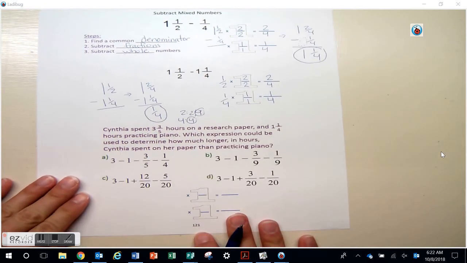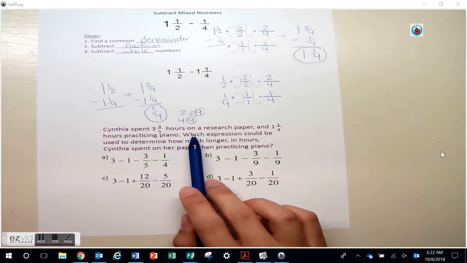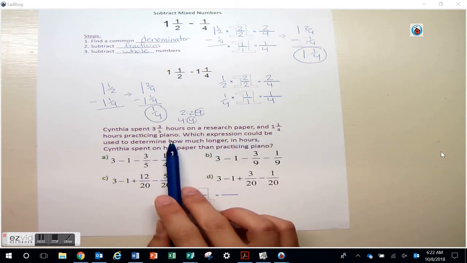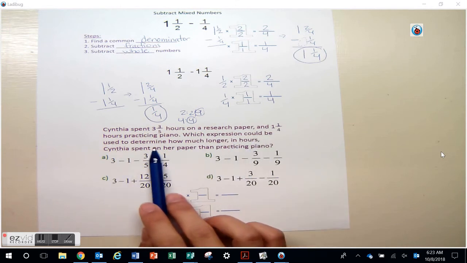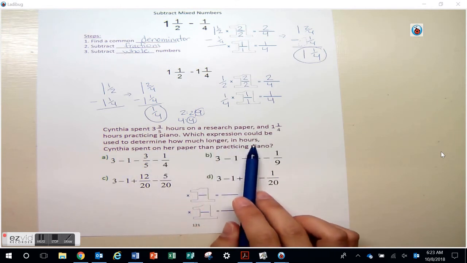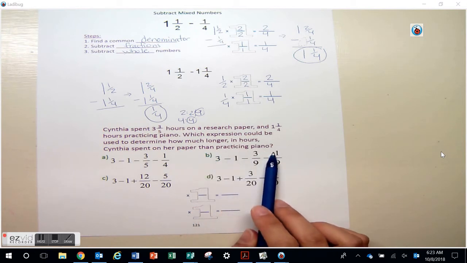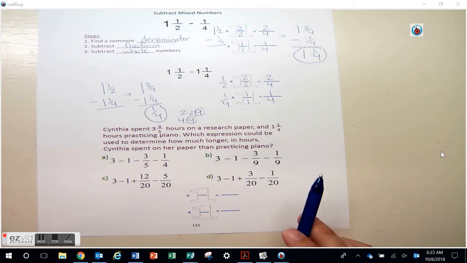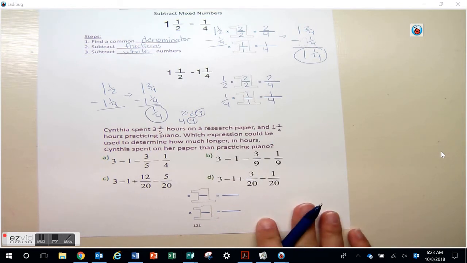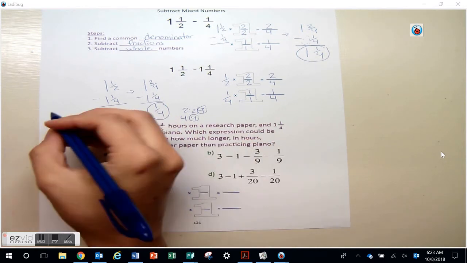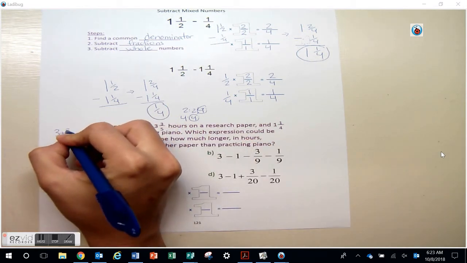Cynthia spent 3 3/5 hours on a research paper and 1 1/4 hours practicing piano. Which expression could be used to determine how much longer in hours Cynthia spent on her paper than practicing piano? Okay, so this problem gets extremely tricky, right? Because we know to make 3 3/5, I can add 3 plus 3/5.